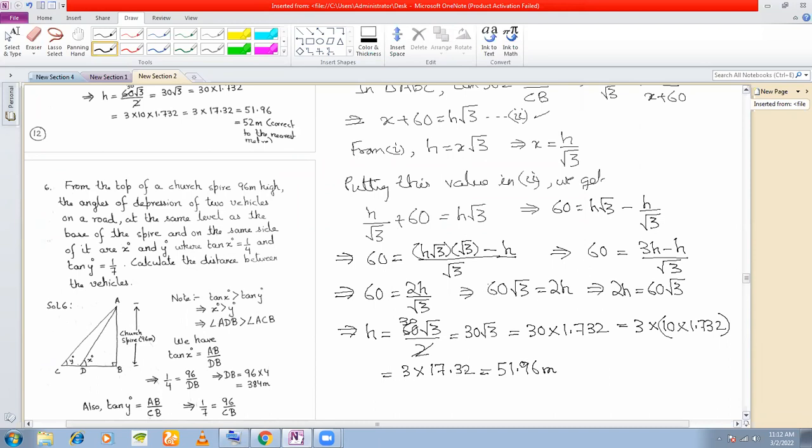But they have asked you the answer correct to the nearest meter. So 51.96 is greater than 51.5. So it can be written as 52 meters correct to the nearest meter. Right? That should be your answer. Fine. Let's move to the next question.